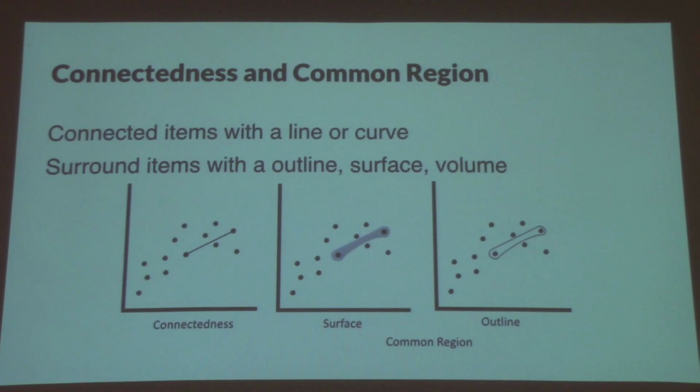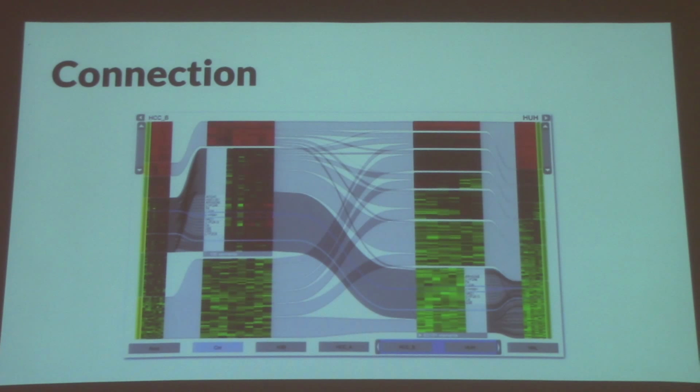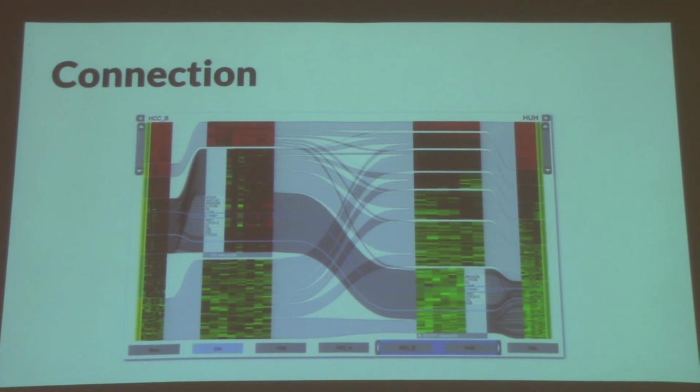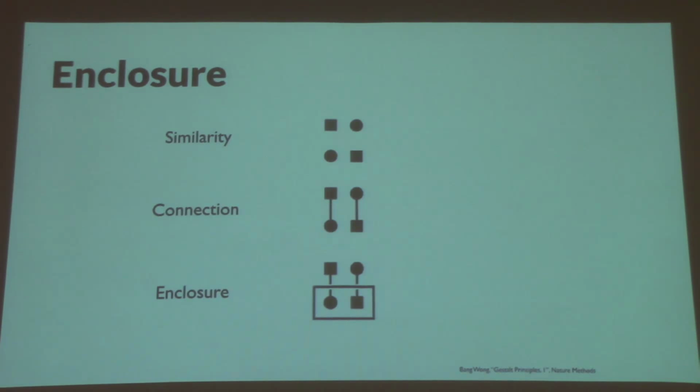These are strong grouping features. And you can use this in visualization. Here is an example of some of my work. Here we really use these lines to connect related items. And we could use color highlights, like we could add a column and simply show these are the selected items. But in this case here, we're really showing the flow of things, the connections between various elements in a heat map. Very clearly.